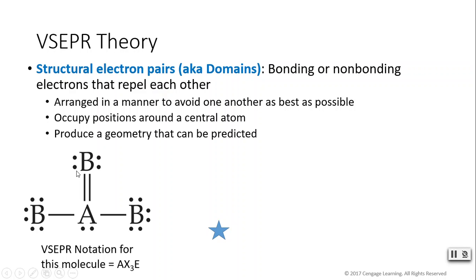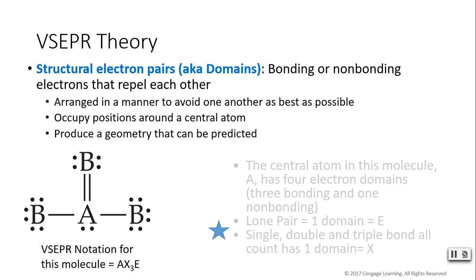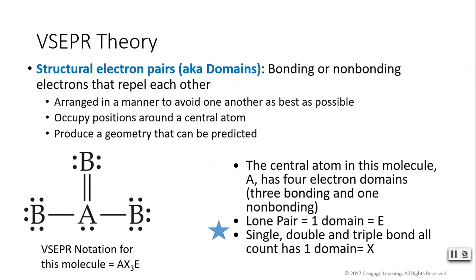In this molecule of AB3, this is the Lewis dot structure for AB3, some generic molecule. If I wanted to determine the geometry of that molecule, I need to first determine what its VSEPR notation is. And when we do VSEPR notations, we use this format, AXE.